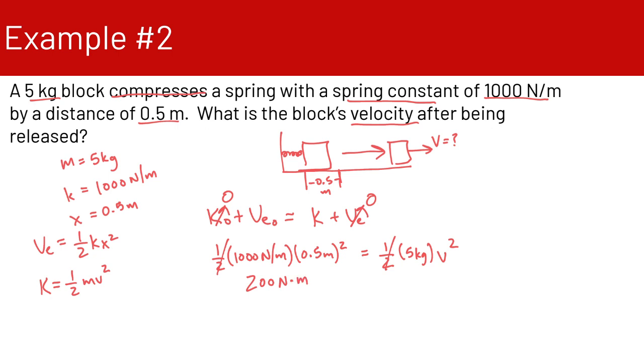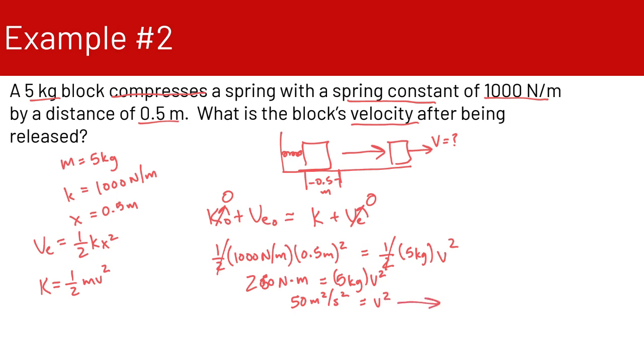So 250 newtons times meters equals 5 kilograms times v squared. Dividing by 5 kilograms, that gives us 50 meters squared per second squared, equals v squared.